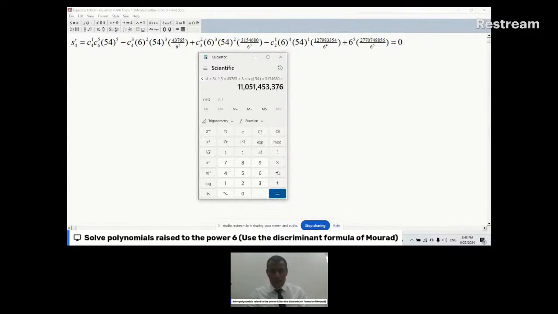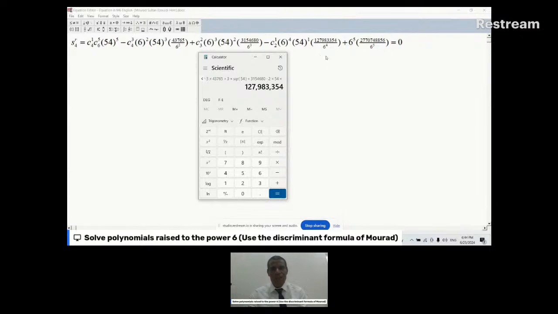Minus 2 times 54 only, times 127 million 983,354. Plus, because here 6 raised to the power 4 divided by 6 raised to the power 4, no need to write them.